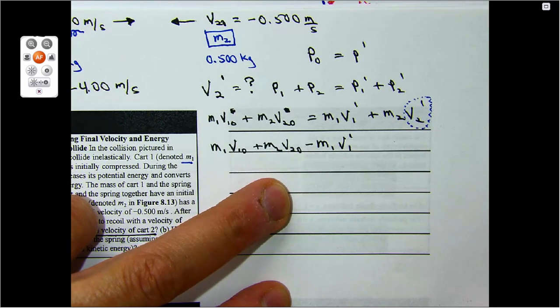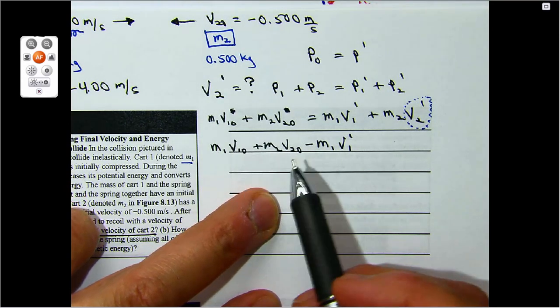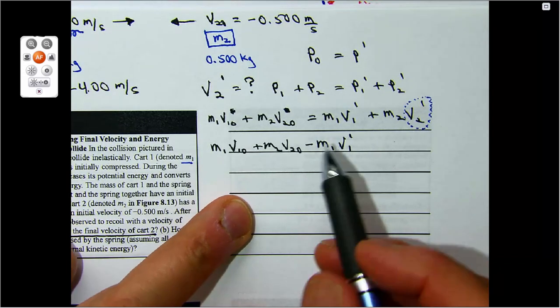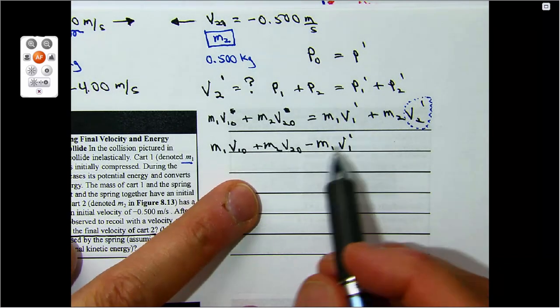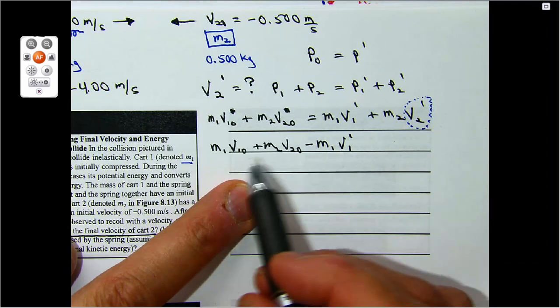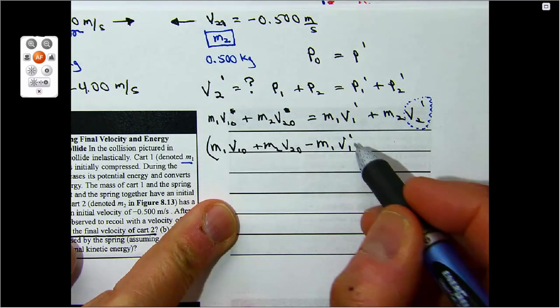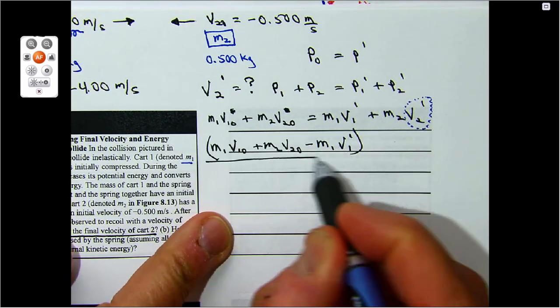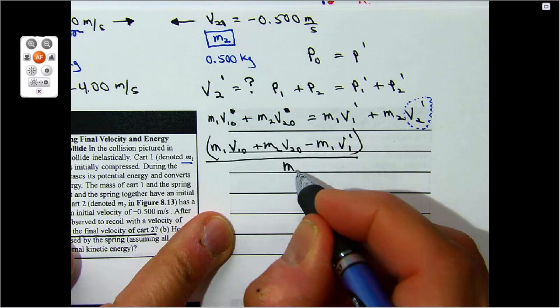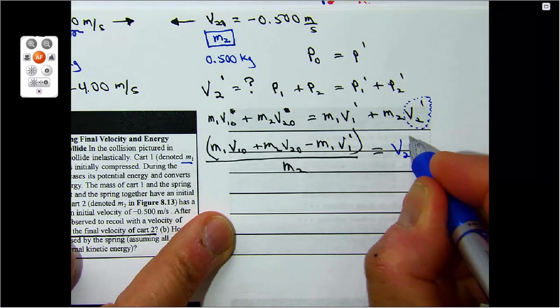Not when I can factor things out. It's going to be all of this, because I could factor an M1 out. Well, you could, but you don't want to put numbers in first because you want to realize that maybe one of these variables cancels out. We're going to divide all of that by M2, correct? And that should give us V2 prime.